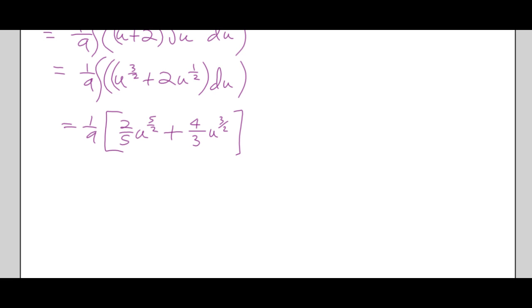Oh, plus c, right? So we'll do the c out here so it's not affected by the 1/9 in any way, shape, or form. If you put it inside, now it's 1/9 of what it was. And if you put it outside, then it's just what it is.